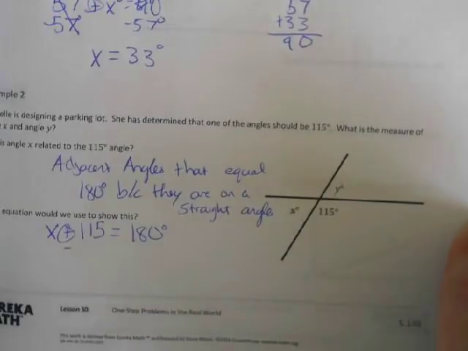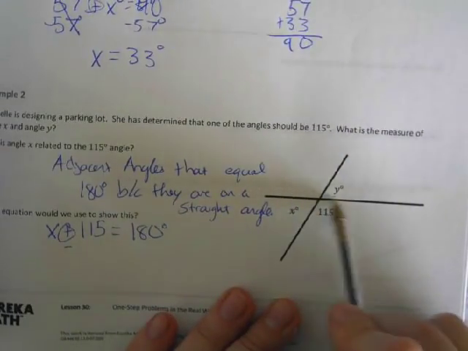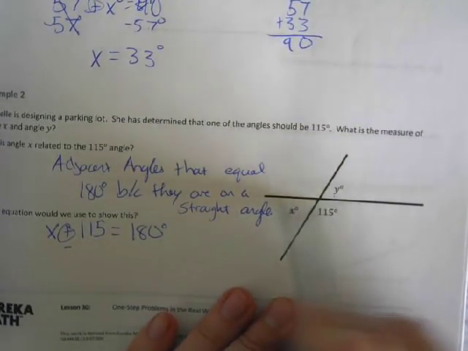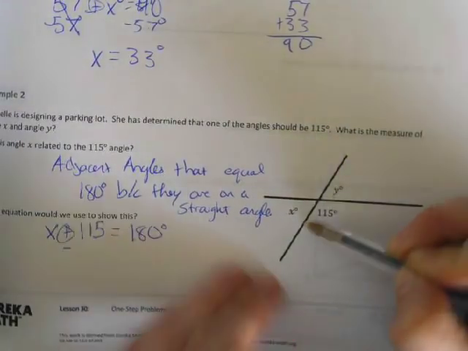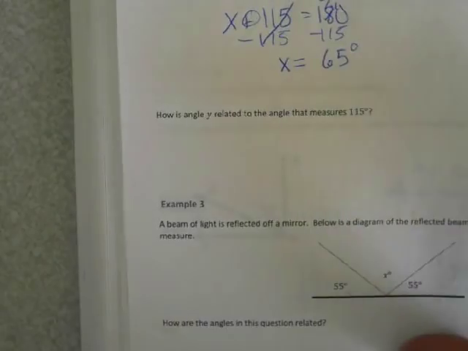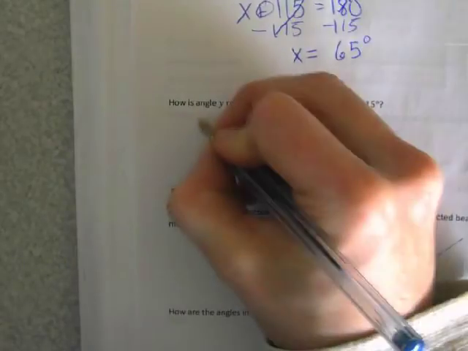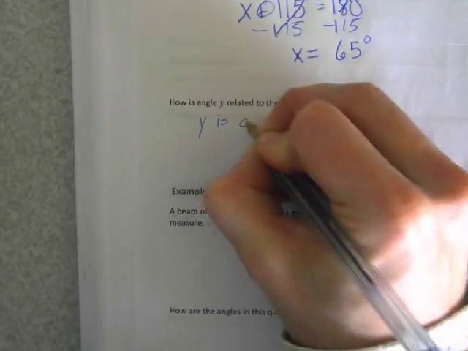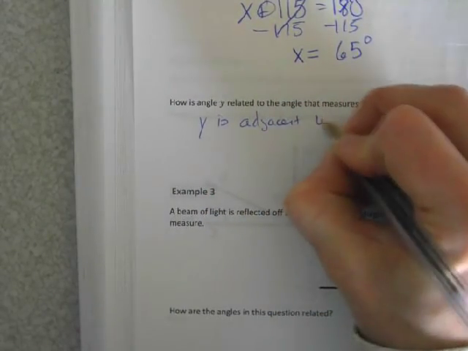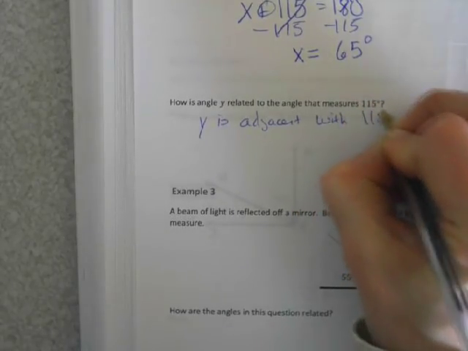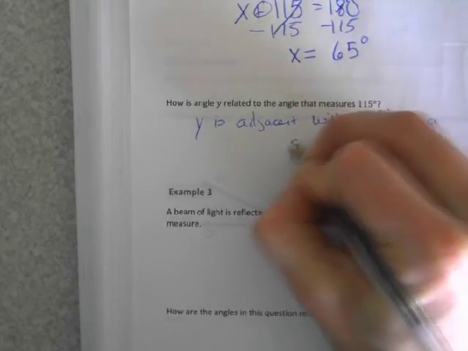Well, if you look here, x and 115 are adjacent on this line, and then y and 115 are adjacent on that line. And so how is y related to the angle that measures 115? Y is adjacent with 115 degrees on a straight line angle.